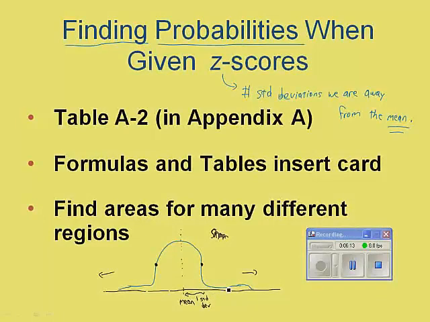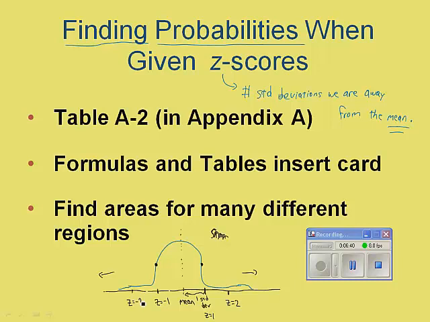So I guess if I went that far again, that would be z equals 2, 2 standard deviations. See, when you say a z-score, you're counting how many standard deviations away you are. I guess if I went this way, I might say z equals -1. If I went a little farther, that far again, z equals negative 2.